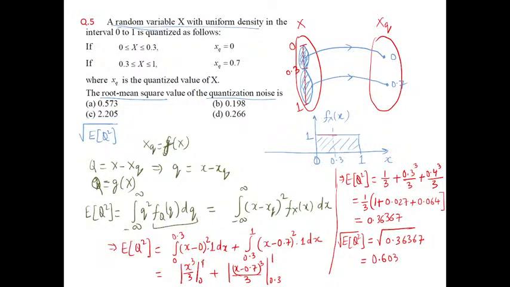Okay, it should be 0.3 and not 1. The limits are from 0, so it should be 0.3 cube, so it should be 0.027. So 0.027 plus 0.027 plus 0.064 gives 0.118 divided by 3. So it's equal to 0.0393.